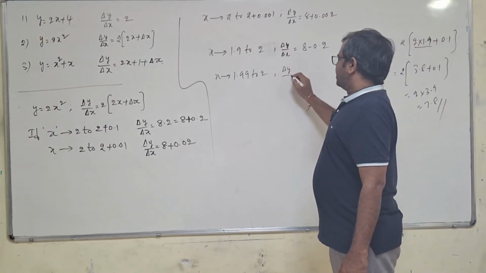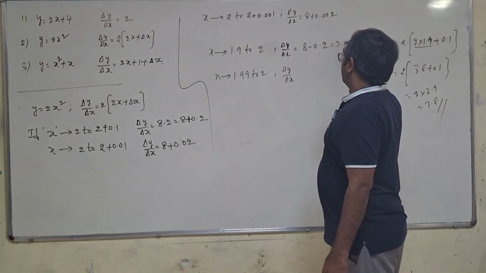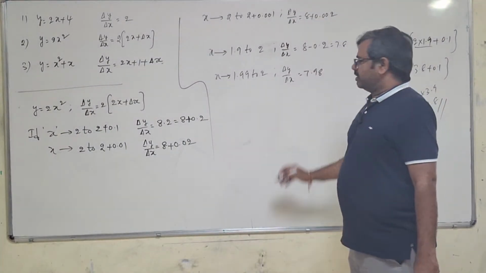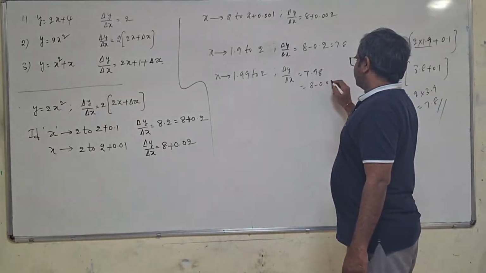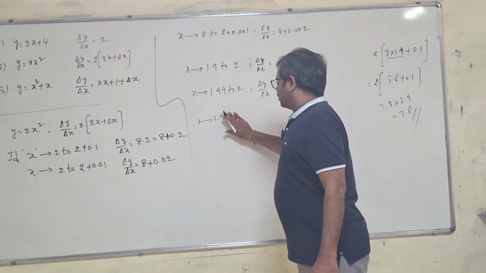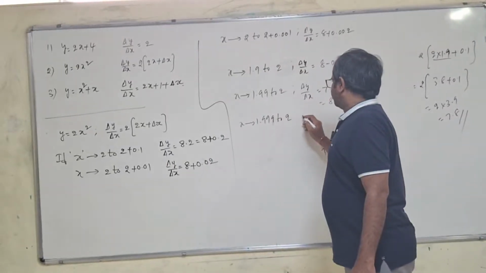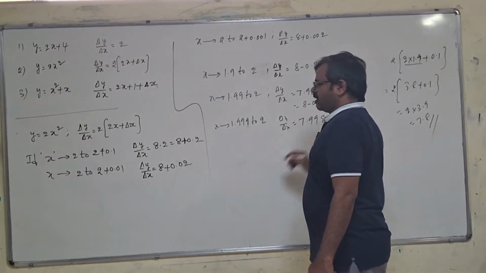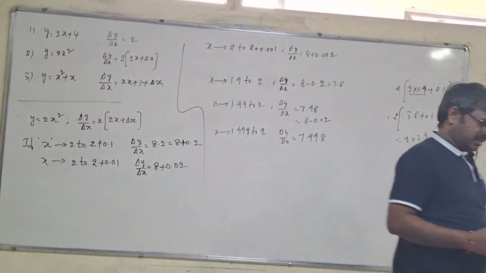What do you get? You will get delta y by delta x. Here you got 7.8. Here you will get 7.98. So you will get 8 minus 0.02. Come further close to 2. You will get delta y by delta x equal to 7.998.